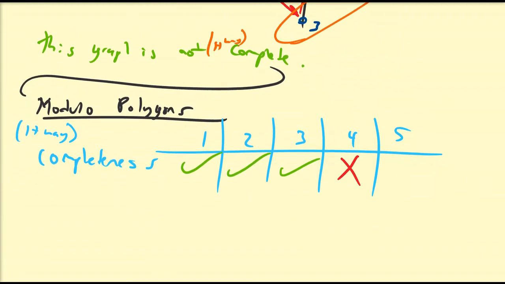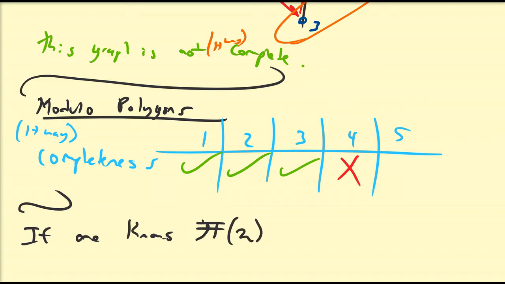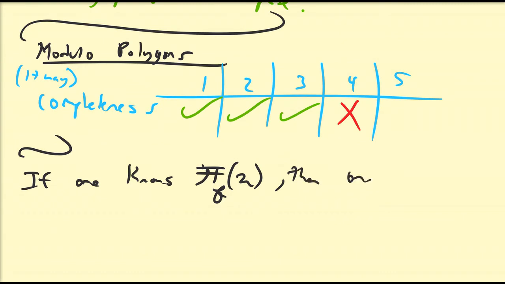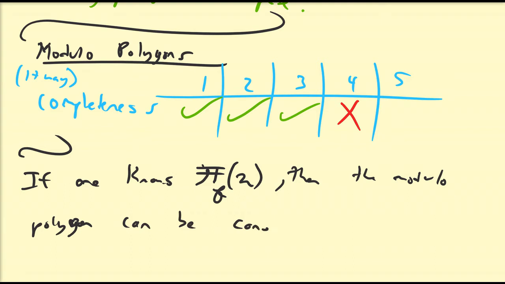So is there a way to figure out quickly whether the modulo polygon for the Fibonacci sequence is complete, or 1+ way complete, or not? Clearly, if one knows the Pisano period of order n for the Fibonacci numbers, or whatever number sequence you're working with, then the modulo polygon can be constructed using it.